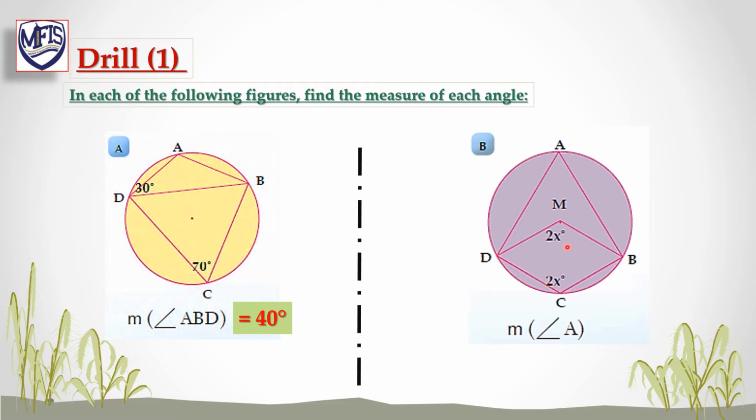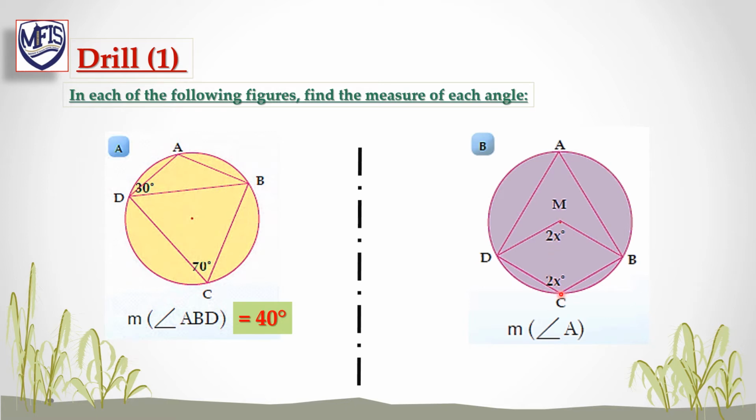That means measure angle A is half measure angle DMB. So measure angle A is half of 2x, so measure angle A equals x. Now measure angle A equals x, and measure angle C equals 2x. What's the relation between measure angle A and measure angle C?